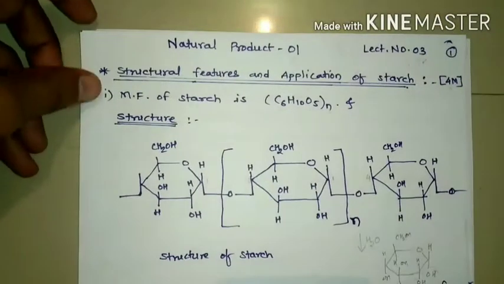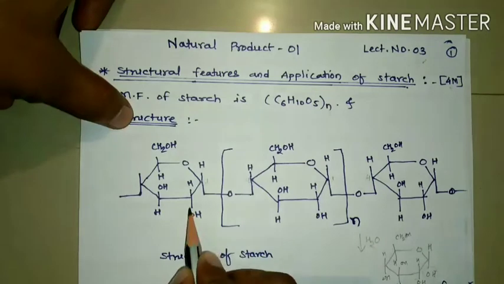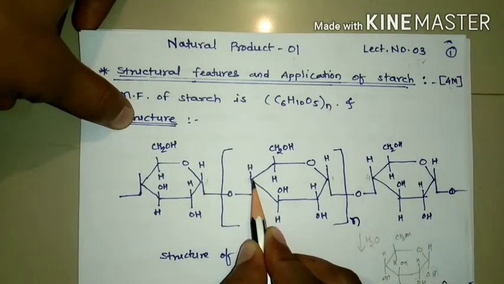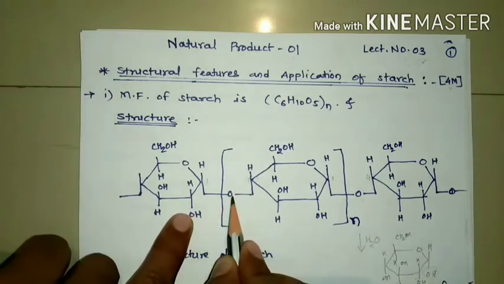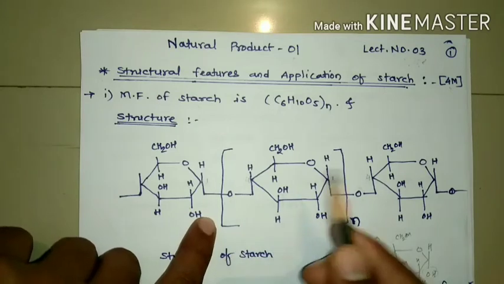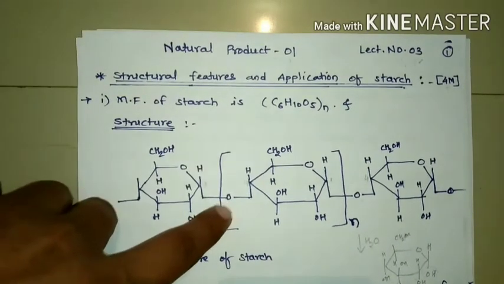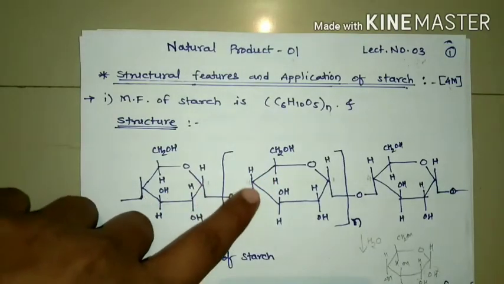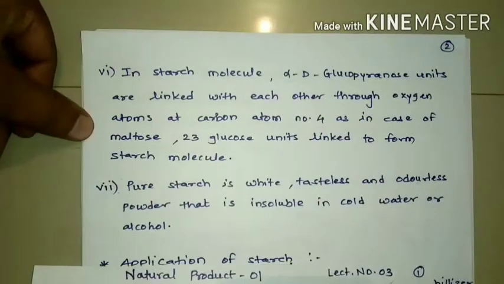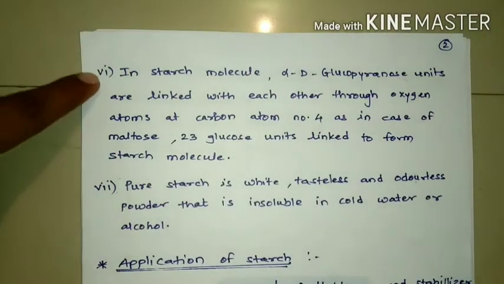In the structure it is clearly seen that carbon number 1 of this unit and carbon number 4 of the second unit are linked by the oxygen atom, so it is called a glycosidic linkage. Okay, and this oxygen atom is the bridge between these two glucose units. Okay, so this is the explanation of the 6th point.